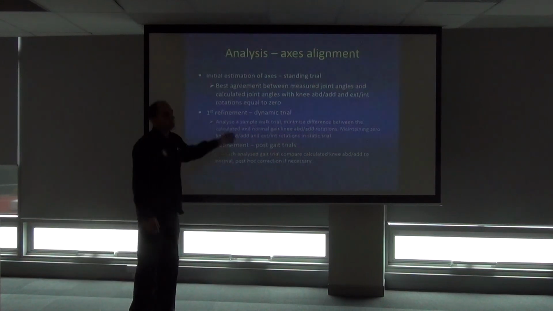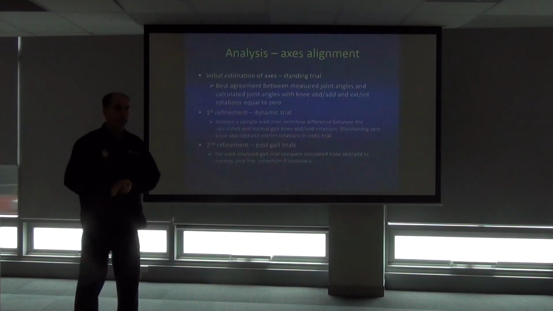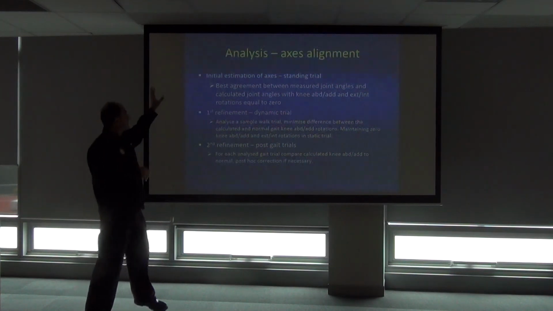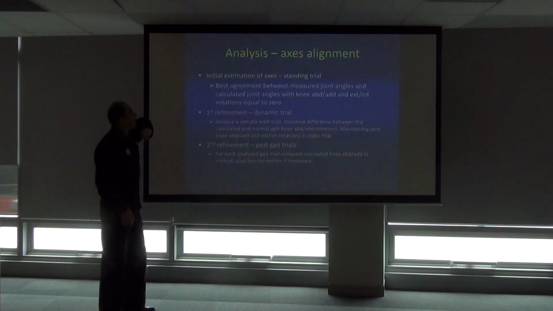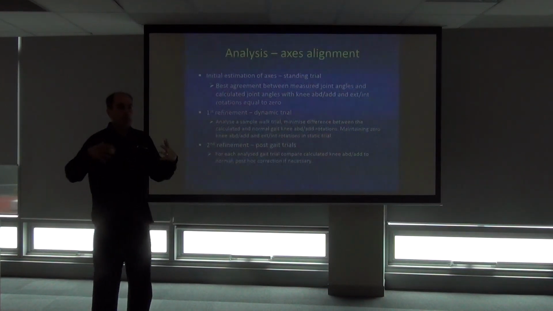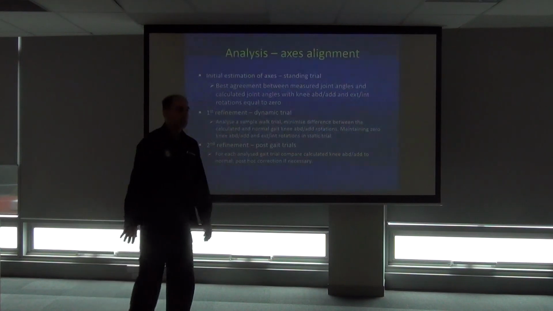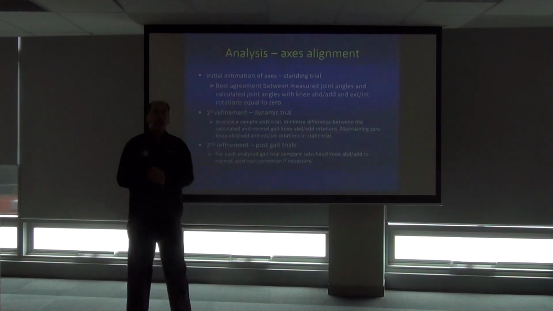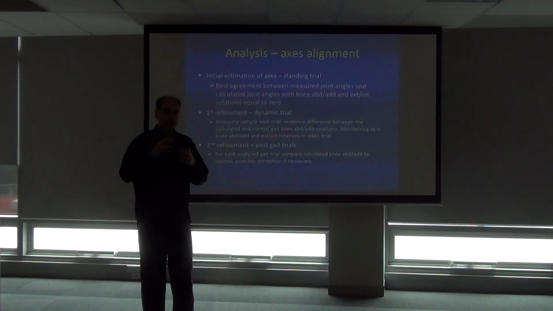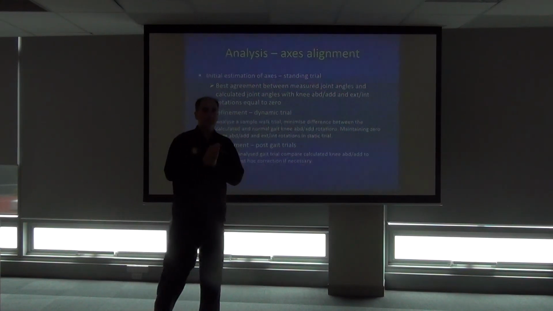Okay, the axis alignment. This is kind of in the heart of it. There is an initial estimate of axis alignment. This is in the standing trial. So, in the standing trial, weight bearing, extended knees, it is assumed that the knee abduction, adduction, internal, external rotation is 0.